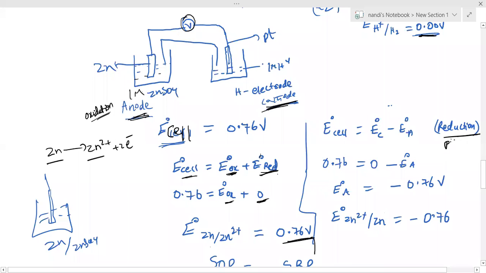There is another formula in terms of reduction potentials: E naught cell equals E naught cathode minus E naught anode. Given all these things, look at the E cell calculation formulas from yesterday first. Take 1 minute.